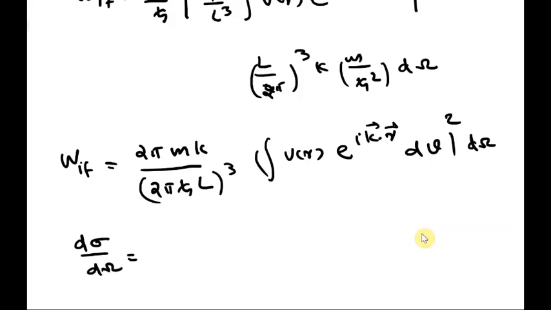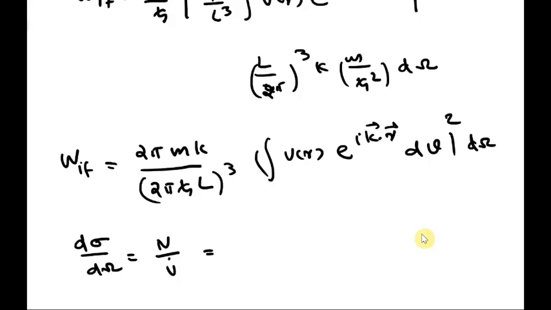the differential cross section, is something that we defined as n by j. Here n is the number of particles which are scattered per unit time per unit solid angle. So this is actually the transition rate through this solid angle.